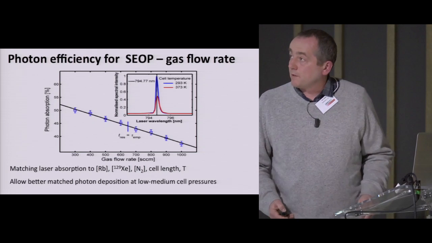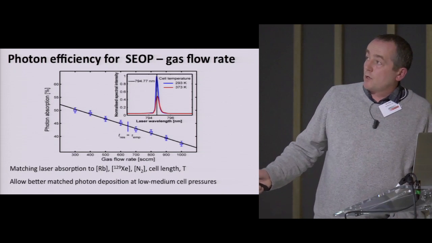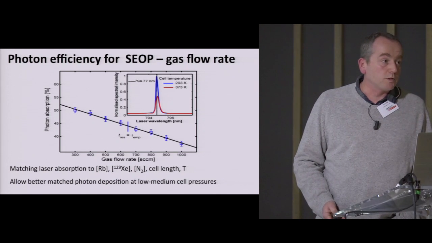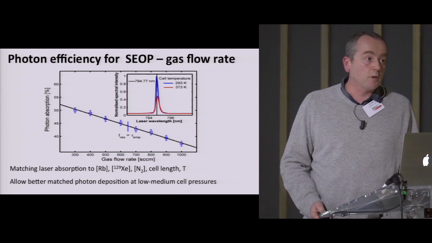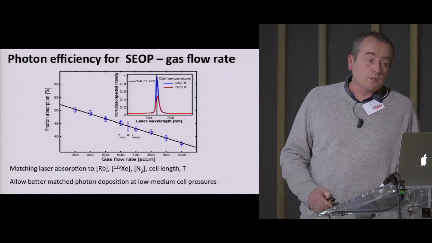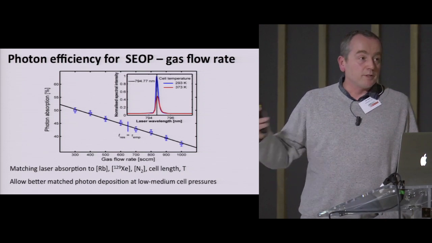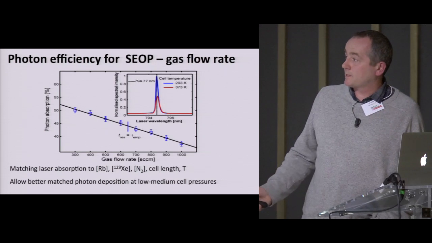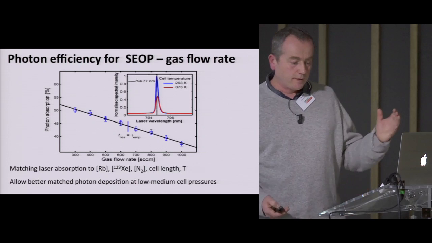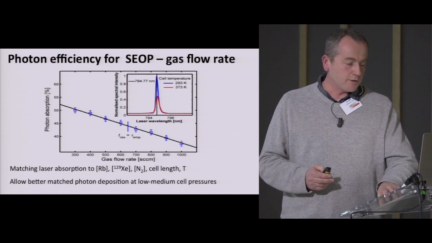If we look at the efficiency of the process, we're now getting to a situation where more than half of the photons that we put into the system induce a nuclear polarization. That means it's quite an efficient process in terms of deposition of angular momentum into the nucleus of interest. That's down to optimization of the various parameters in the cell that dictate how efficient the spin polarization transfer is.